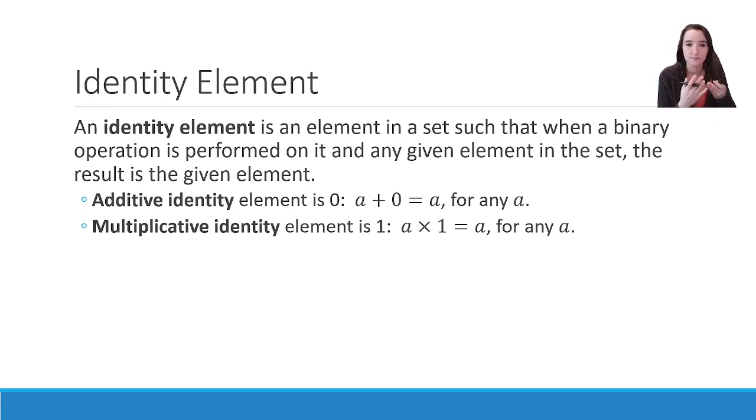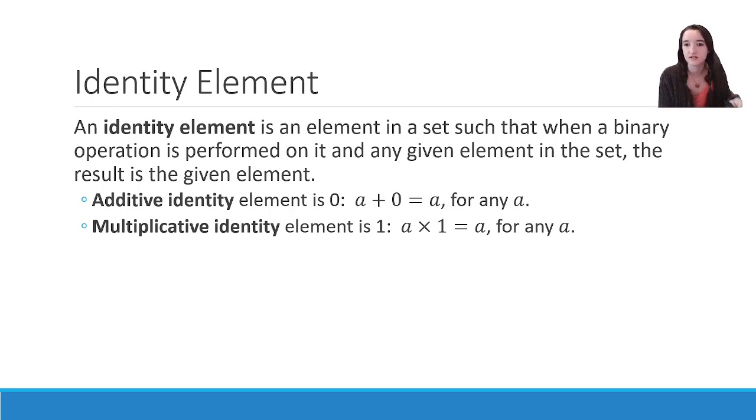So, for example, the additive identity is 0. Because anything plus 0 gives me back the original number, right? 2 plus 0 is 2, 3 plus 0 is 3, 17 plus 0 is 17. So it identifies whatever it's being added with.